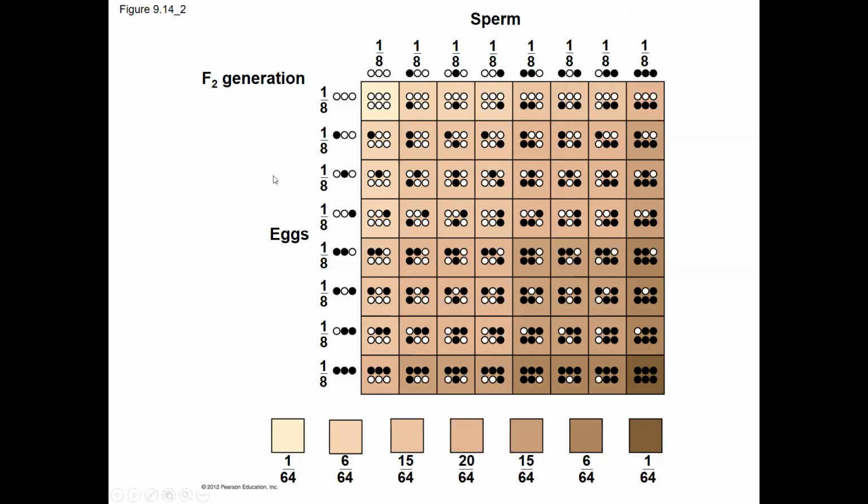And you can see here, you're going from very light skin all the way down here to very dark skin. And so the numbers of individuals with the different skin color types are shown here, where you would have one individual that's very light skinned compared to one individual that's very dark skinned, and then slowly a mix of the two with higher probabilities towards the middle.